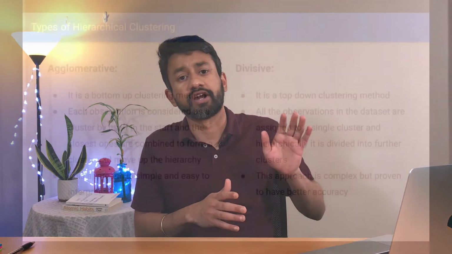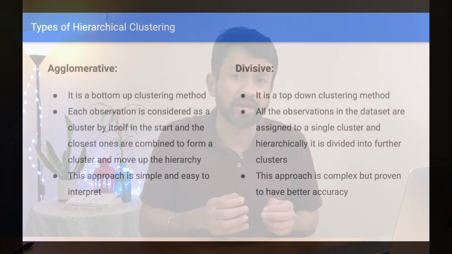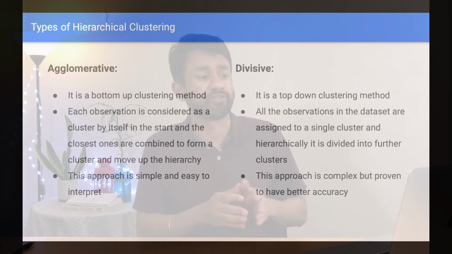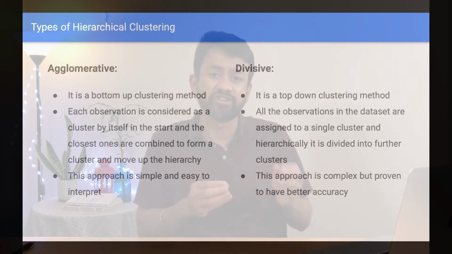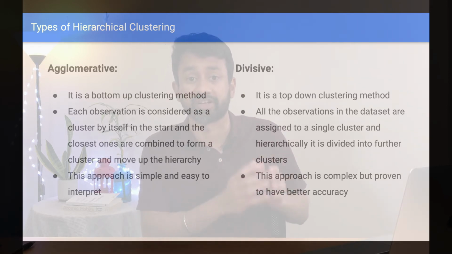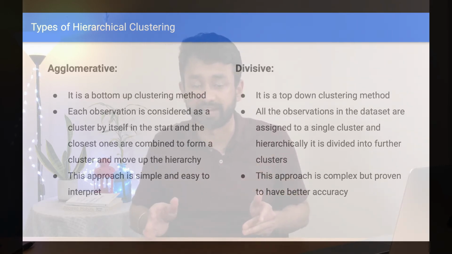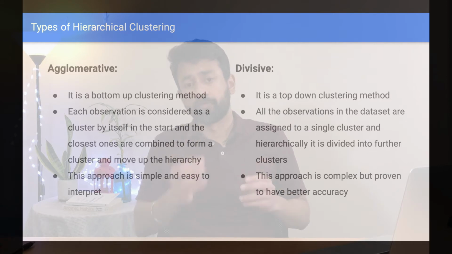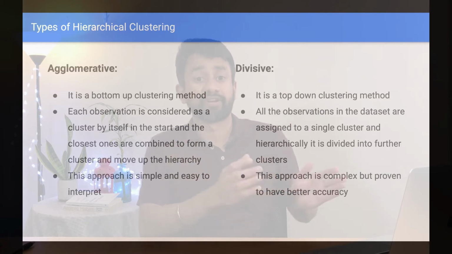Moving on to the next one, the two different types of hierarchical clustering are agglomerative and divisive. The agglomerative approach is a bottom-up approach. As you see on my screen, each observation in the dataset is initially considered as a cluster by itself. So if we have n observations, we consider that there are n different clusters in the dataset.